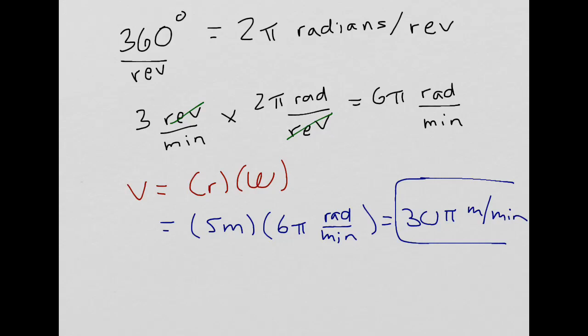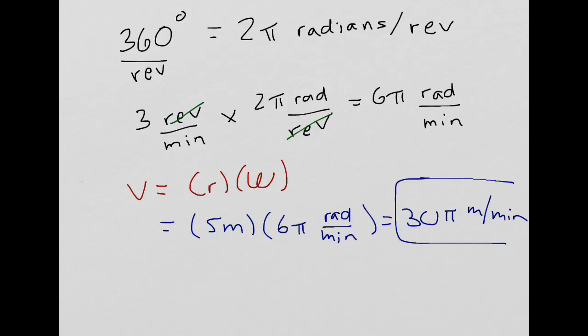Just for a quick note on units, we see that units don't totally work out here. I have meters and then radians per minute. A radian really means 2 pi radii, so in this case I have 6 pi radii, and my radius is 5. So essentially I'm just plugging that in and making that 5, and then 6 pi times 5 is 30 pi meters per minute.